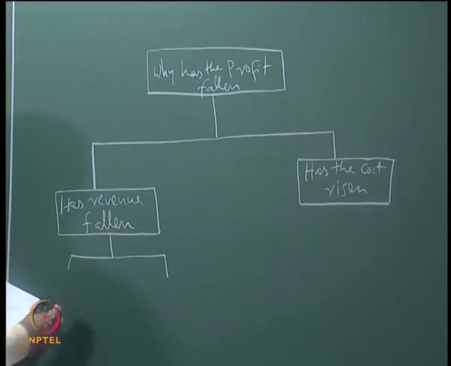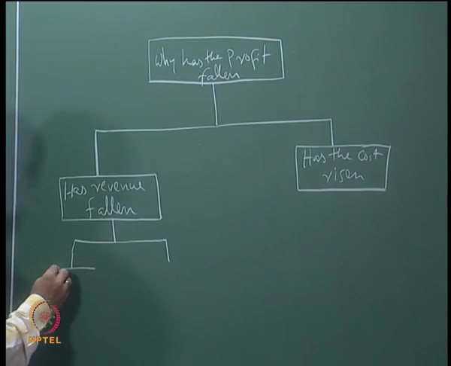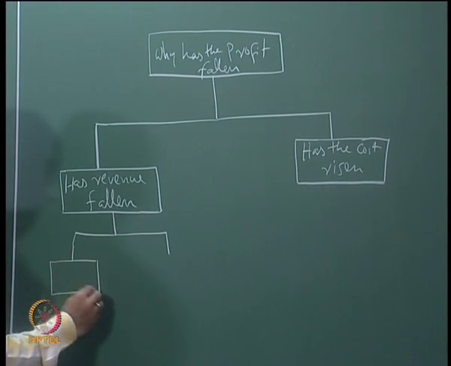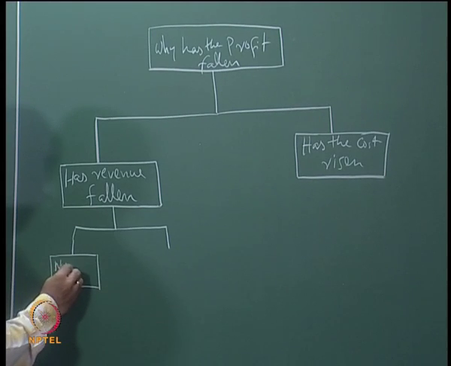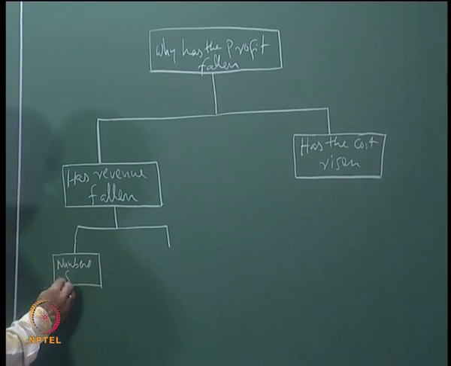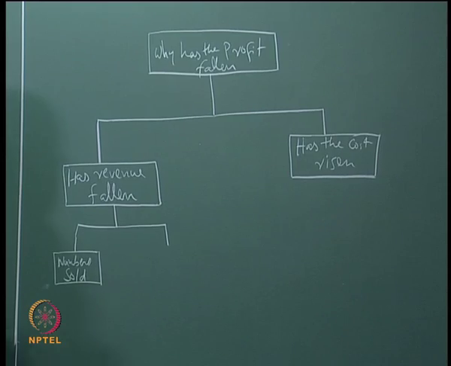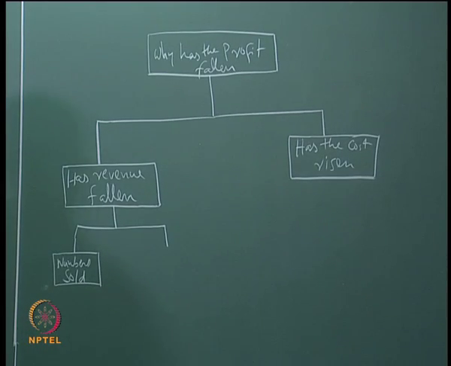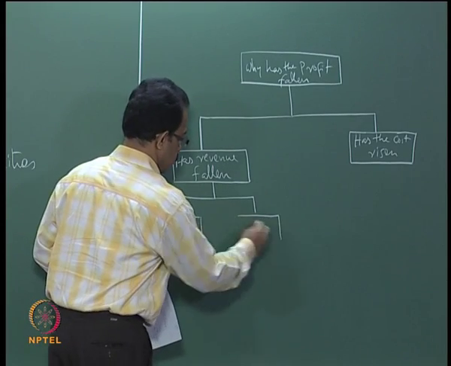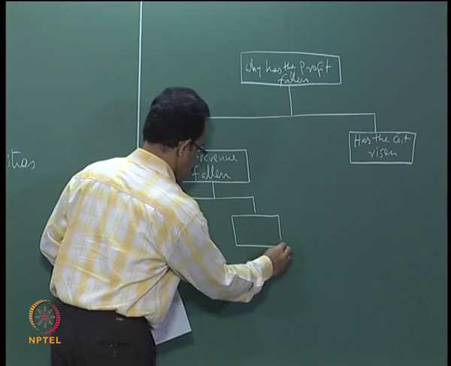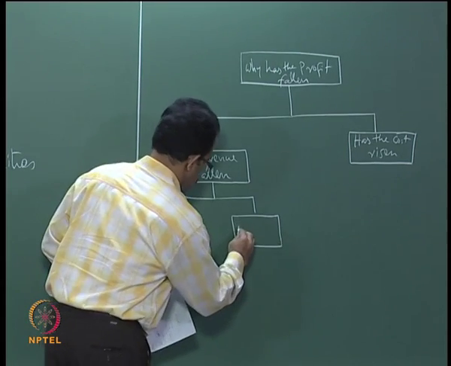It is the number sold, whether total sales has gone down, that is, the number of products being sold has reduced, or the net price has changed.